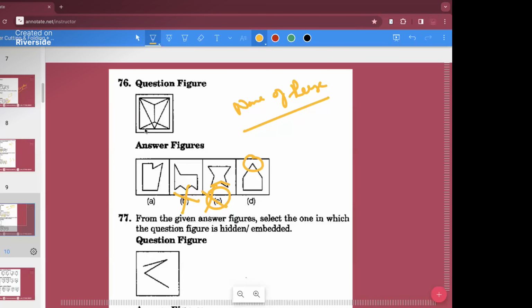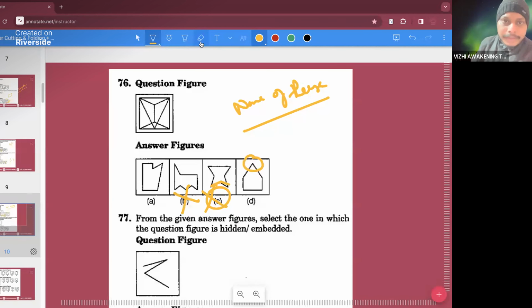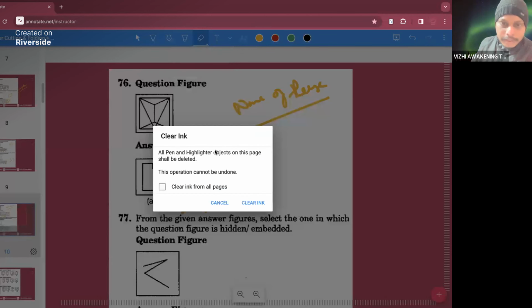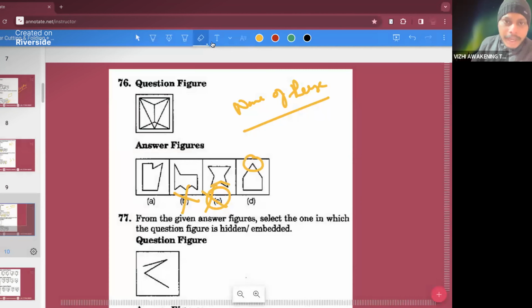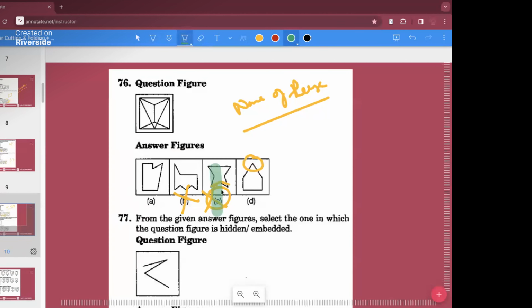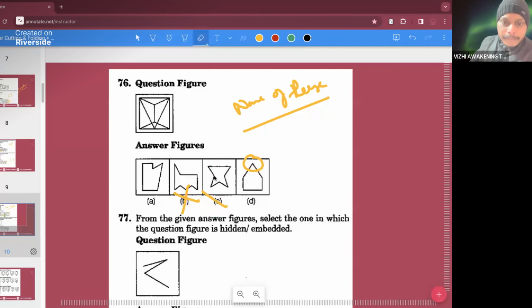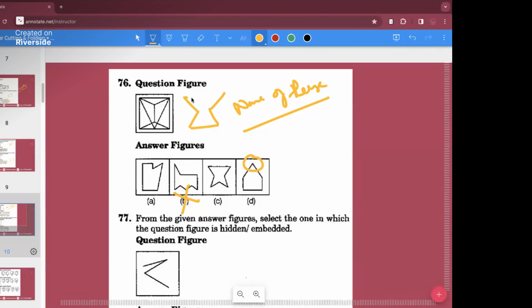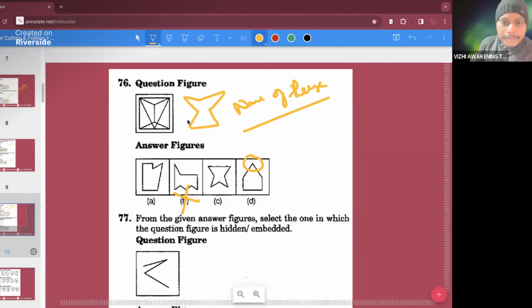Sir, actually we can embed that when the figure is inverted. One moment. That's a good thought. Let's evaluate that. See, the figure is inverted, so in that case it will be something like this, whatever the size may be.